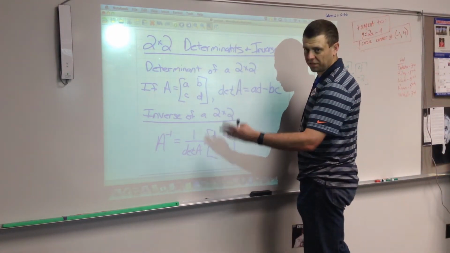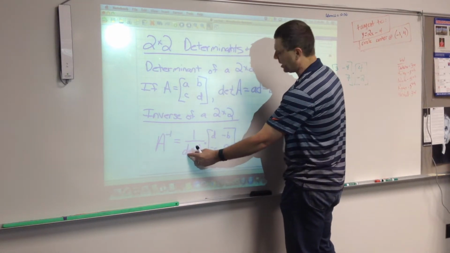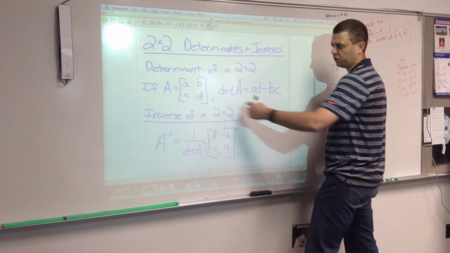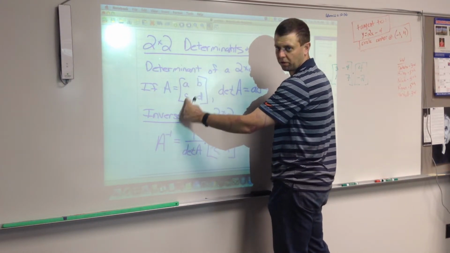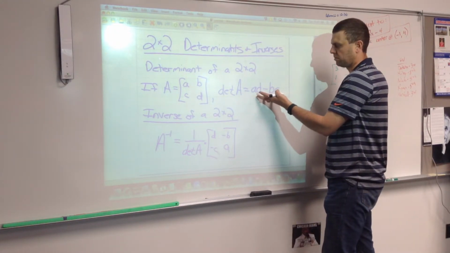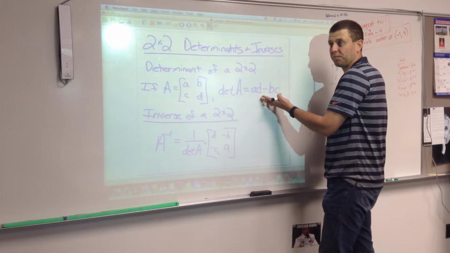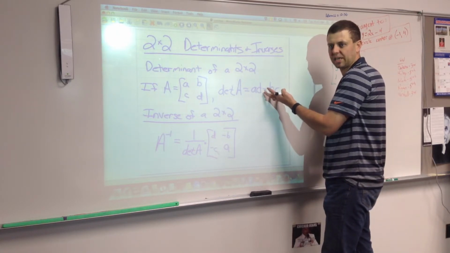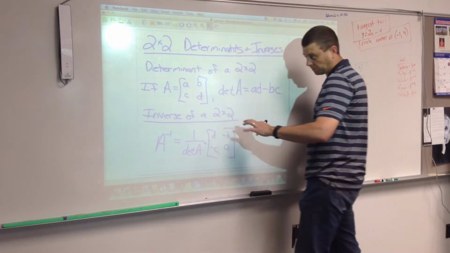In order to find the inverse, I need to first figure out what the determinant of matrix A is, and this is the math you will do there. You'll take A times D, multiply those values together, minus B times C, multiply those values together. That will give you the determinant of matrix A. I could work backwards through a proof to show you how we get here, but I'm not doing that.